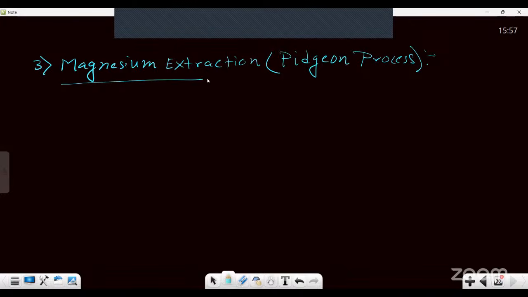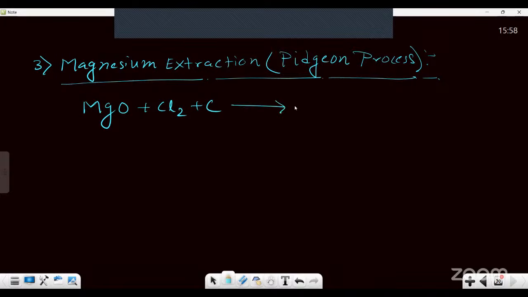In this process, we take MgO, magnesium oxide, in the presence of chlorine and carbon, so that we get MgCl2 plus CO, carbon monoxide. The carbon is providing the reducing atmosphere, and chlorine we are using so that we can convert the magnesium oxide into magnesium chloride.